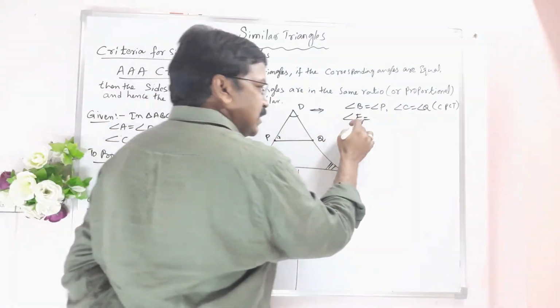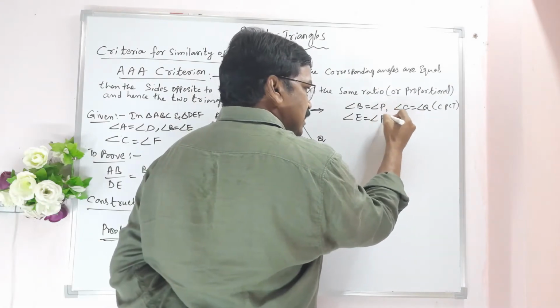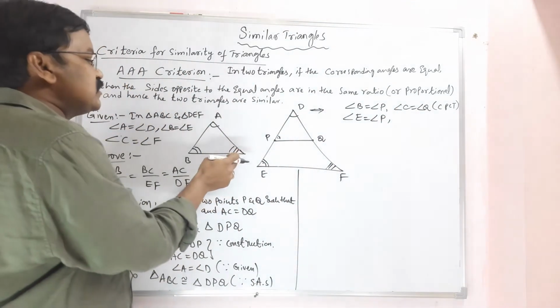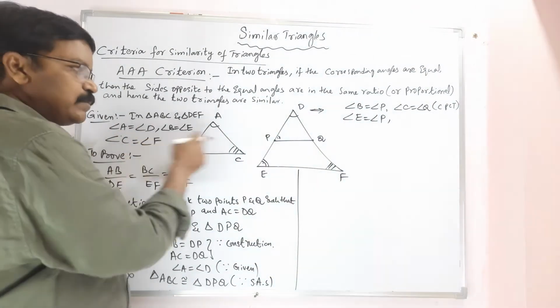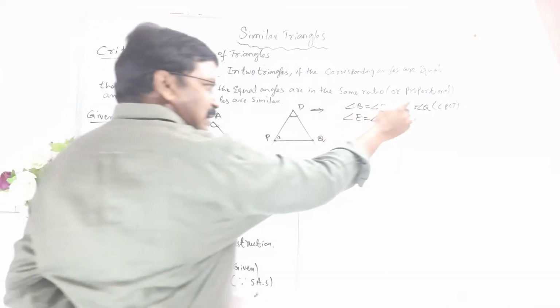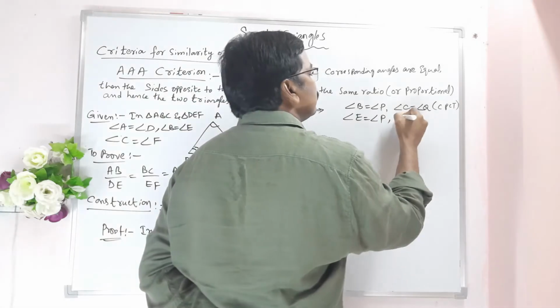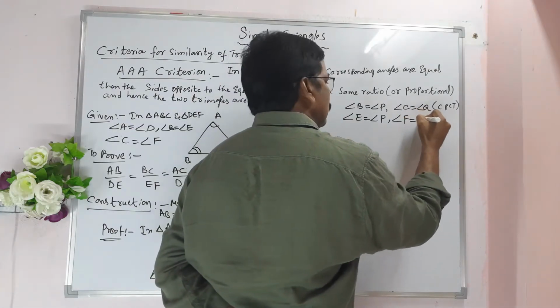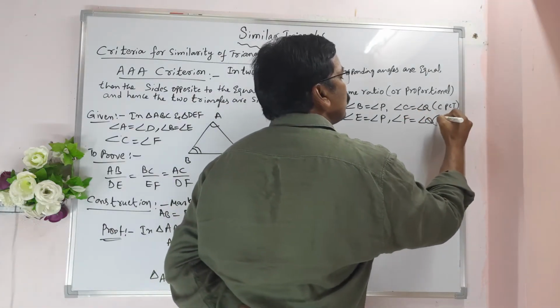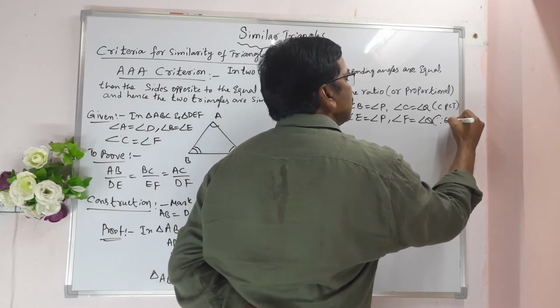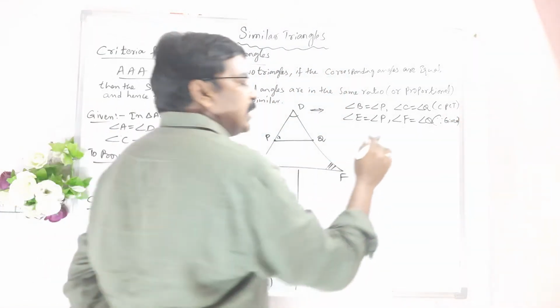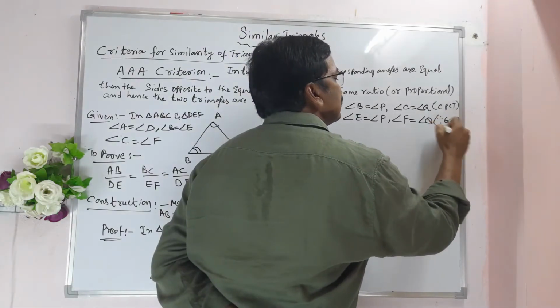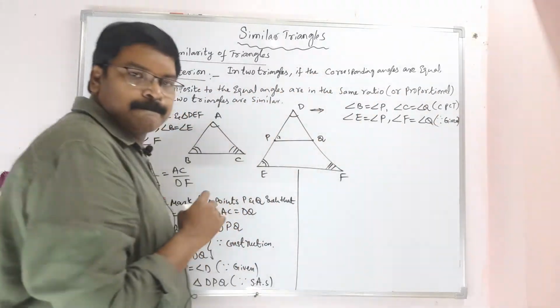So angle E is equal to angle P. Next, instead of angle C, I can write angle F, because angle C is equal to angle F, which is given. So angle F is equal to angle Q.